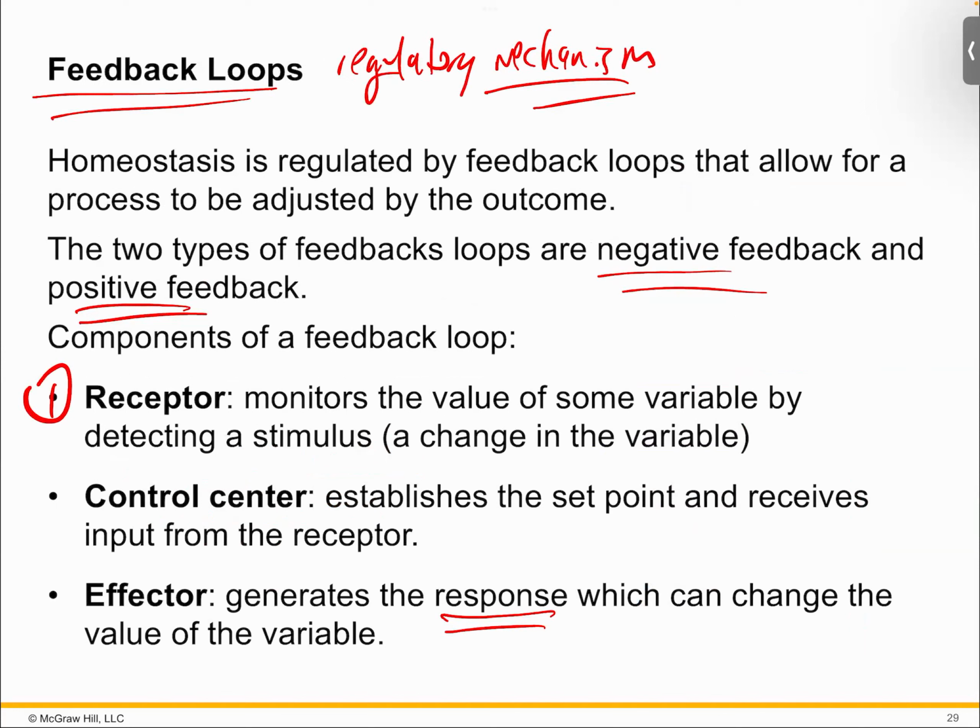So the receptor is the one that is detecting the stimulus. This is basically gathering information on your environment, and it's funneling it into the control center. The control center is the decision maker.